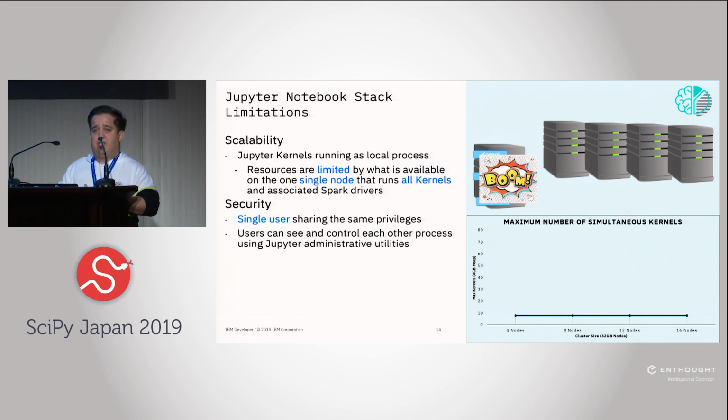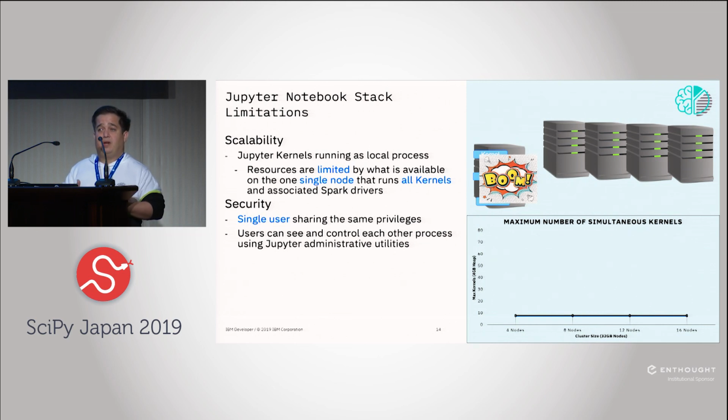Thus, there are limitations regarding scalability, because all the kernels that do the execution and consume the resources are, by default, expected to be local. So it doesn't scale. No matter how many nodes you have on your cluster, you will only be able to support so many kernels or data scientists, because it's bounded by the resources on one machine.